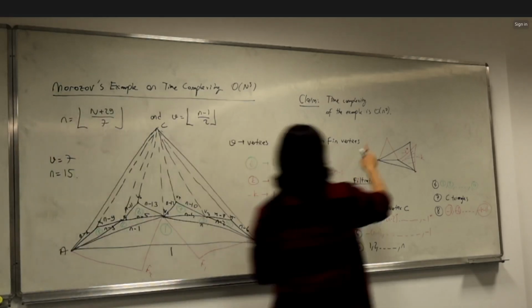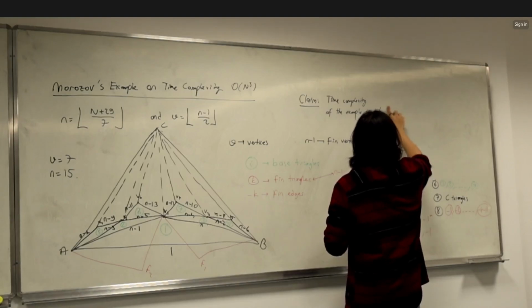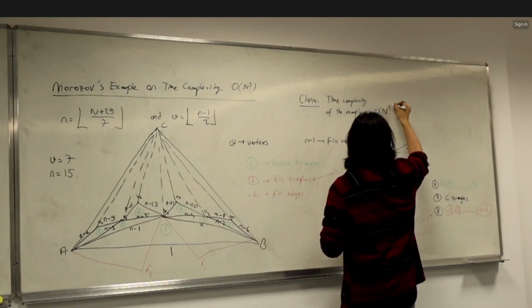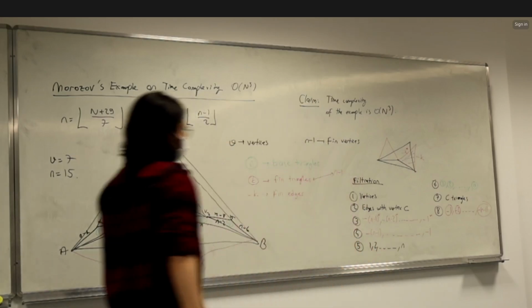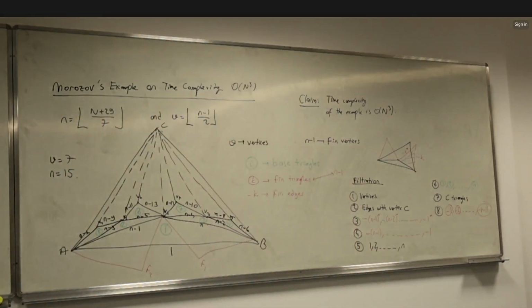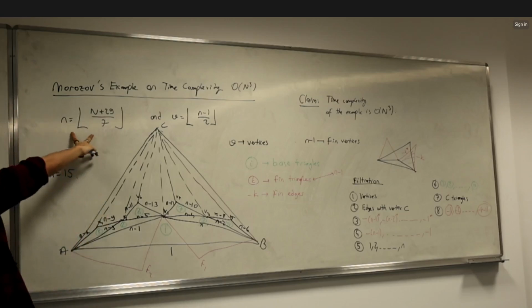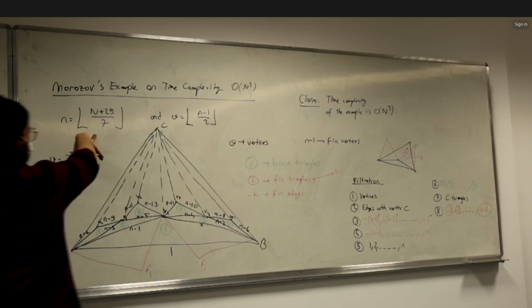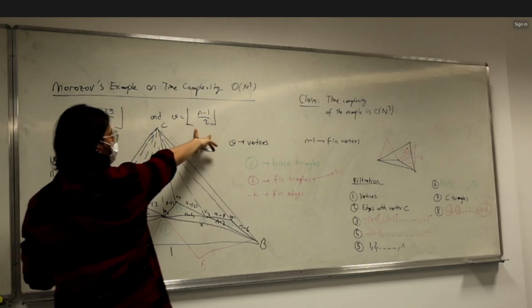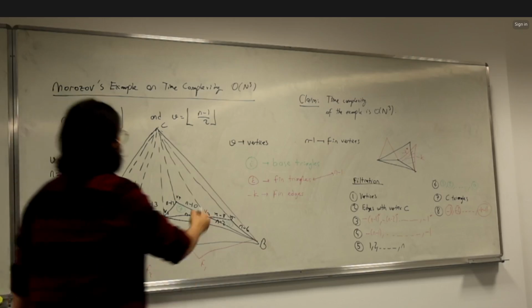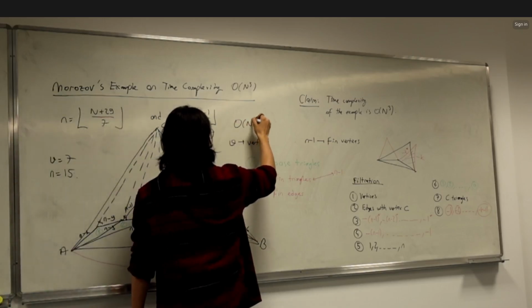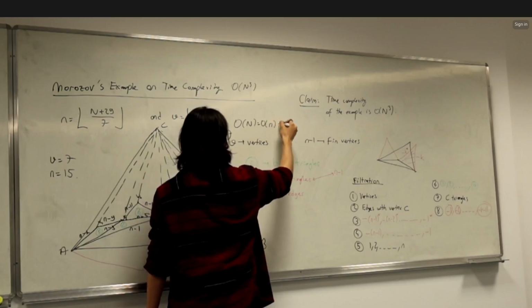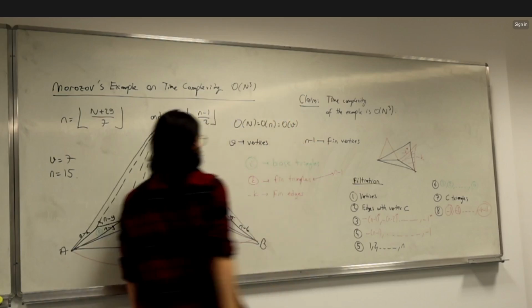Maybe I should do it. First, I want to start with the fact that since O(n) is a kind of linear function of capital N, and V is also a linear function of N, we can actually work on the small n or small v as well.